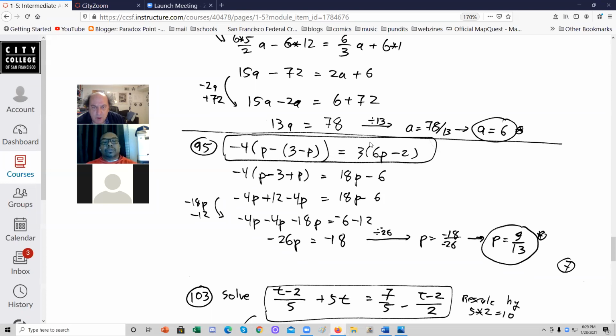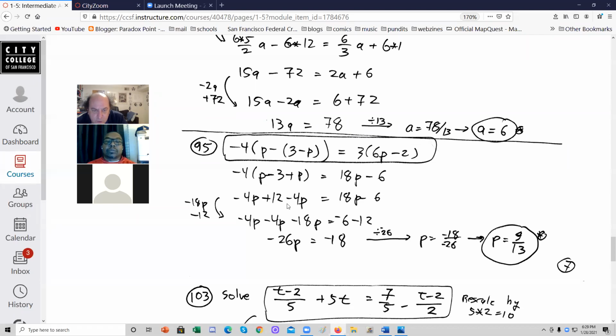On the right, we distribute the 3. 3 times 6p is 18p. 3 times minus 2 is minus 6. Next step is to distribute the negative 4 over these. So you get negative 4p. Negative 4 times negative 3 is positive 12. Negative 4 times p is negative 4p, equals 18p minus 6.